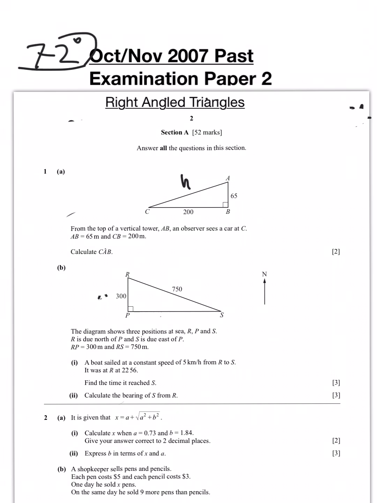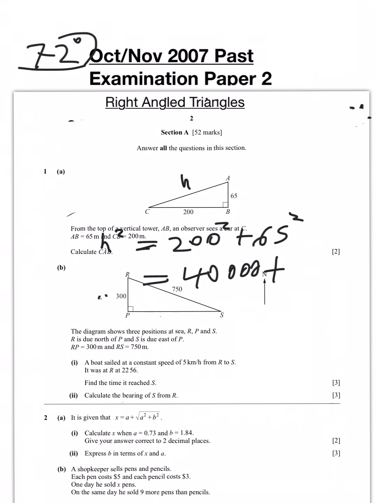If we want the missing side, definitely the hypotenuse, h squared is equal to 200 squared plus 65 squared. 200 squared is 40,000, plus 4225.